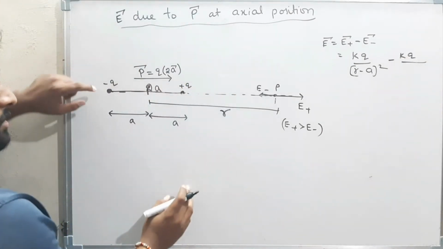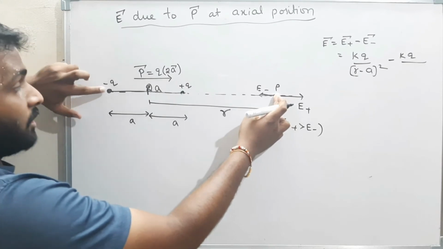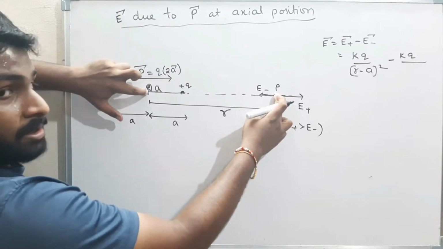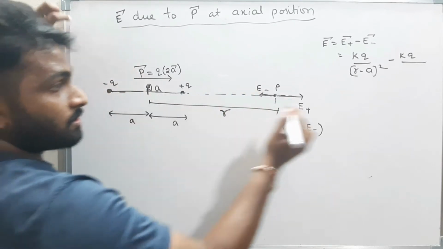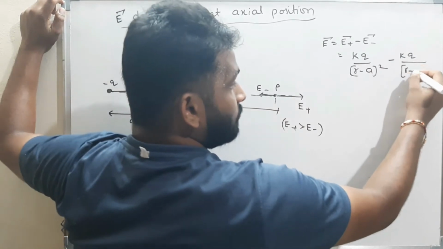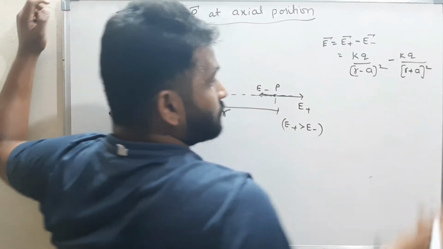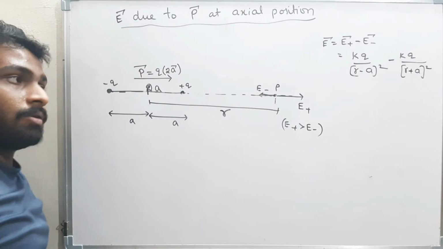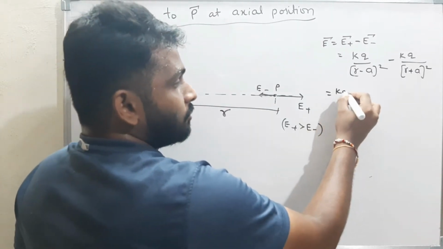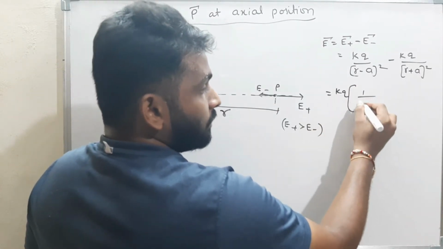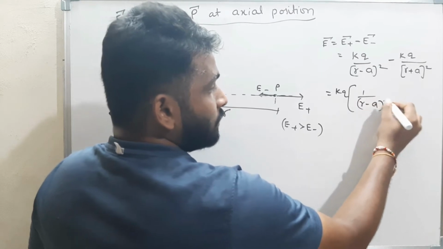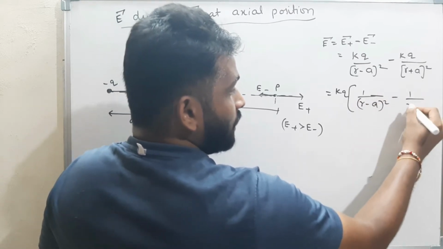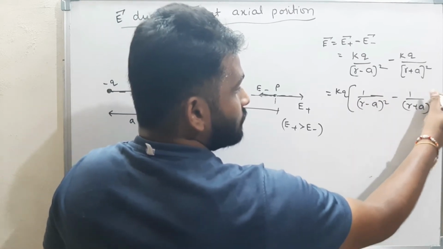Now, what is the distance from the point to the negative charge? This distance is R plus A, that is R plus A whole square. Now KQ common: 1 by R minus A whole square minus R plus A whole square.